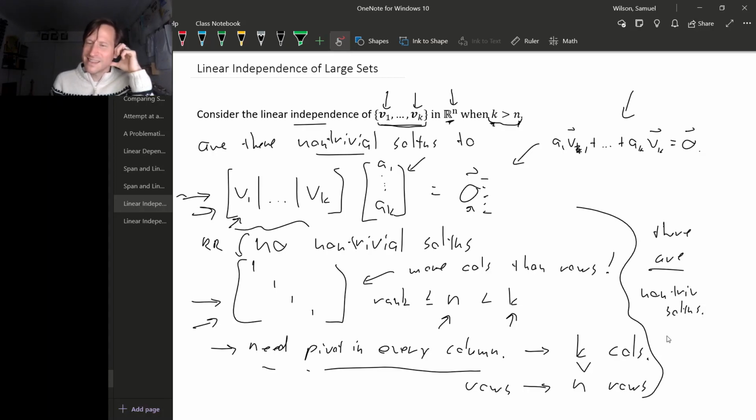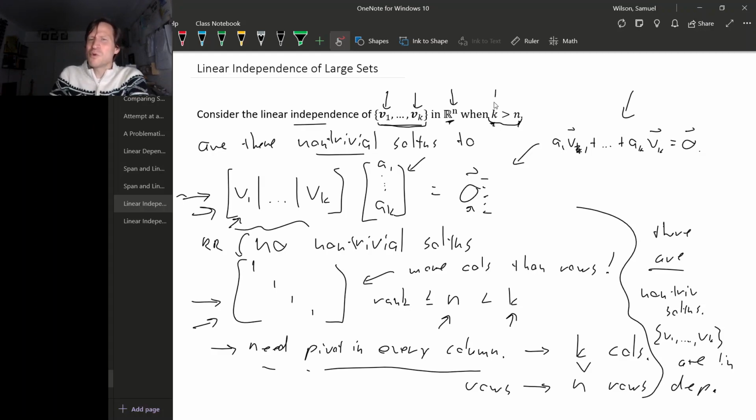But that means that all the v's are linearly dependent, right? And that kind of makes sense. We have this idea that linear dependence means that there's some redundancy, or that one of these vectors can be written as a linear combination of the others.